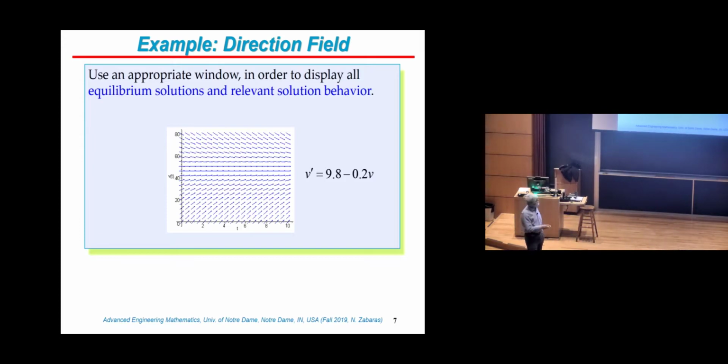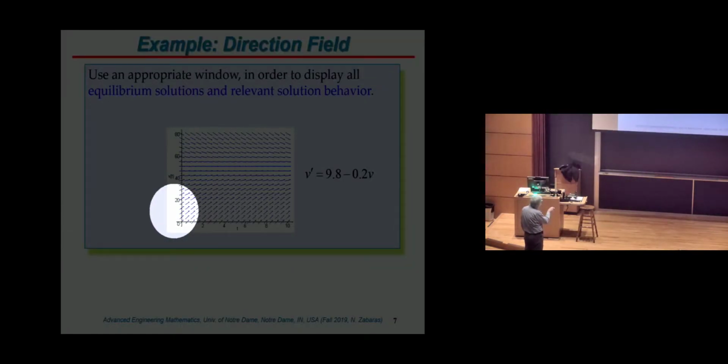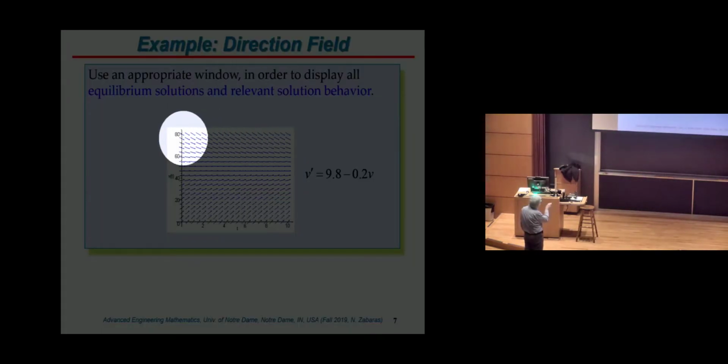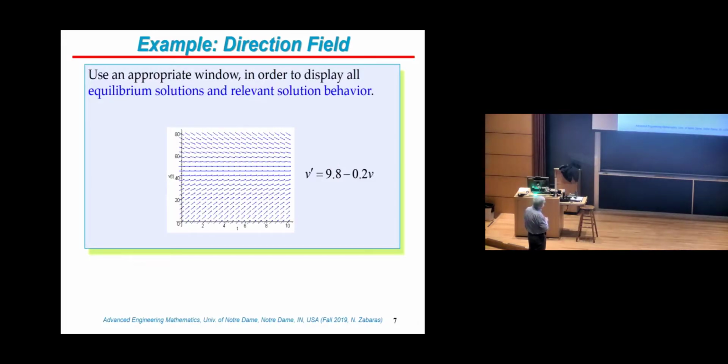So for example, if you know some initial condition that at time 0 your velocity is 0, you can actually follow these arrows and you can see that the solution is going to go asymptotically to the equilibrium state. Or if the initial velocity is 80, you can just follow the slopes and you will go again all the way down to the equilibrium state.